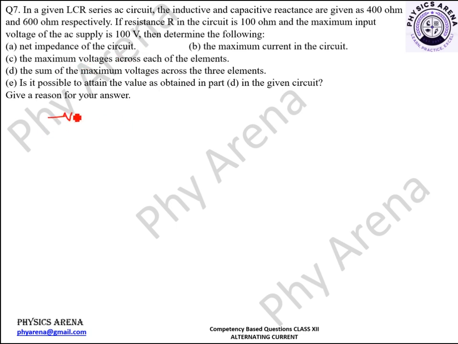We have a resistor R, an inductor L, and a capacitor C, and all three are connected in series to an AC source. This AC source has maximum voltage V naught as 100 volt.